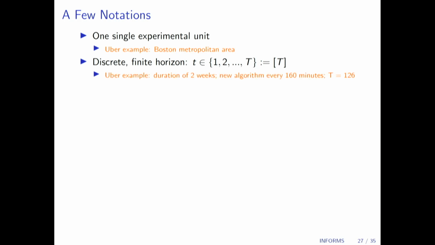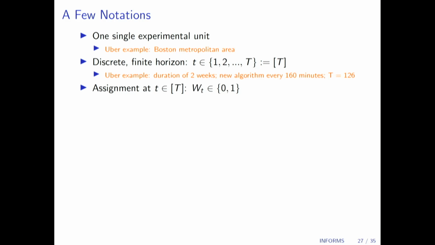And in the Uber example, they can run this experiment for 2 weeks. And they can, for example, choose a surge price to last for the next 160 minutes, roughly 2 to 3 hours. And so here, one experimental window is about 160 minutes. And so there are a total of capital T, which is equal to 126 periods overall.